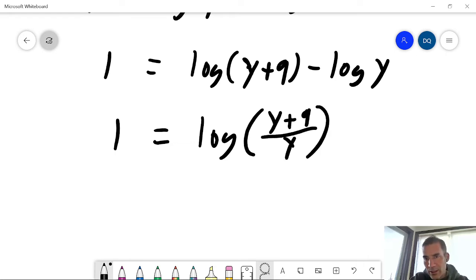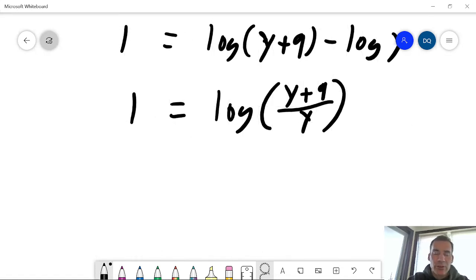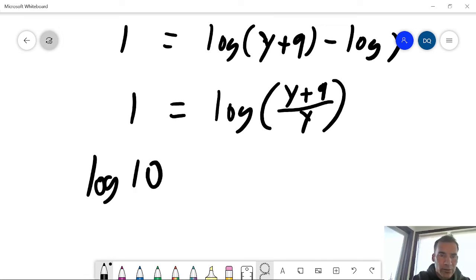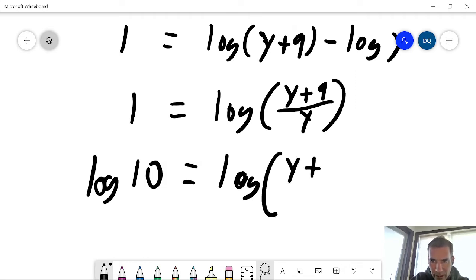So the difference between the logs is the same as the log of the quotient. Now I'm going to turn 1 into a base 10 log, which is the base 10 log of 10, because 10 to the exponent 1 is 10. That's equal to the log of y plus 9 over y.